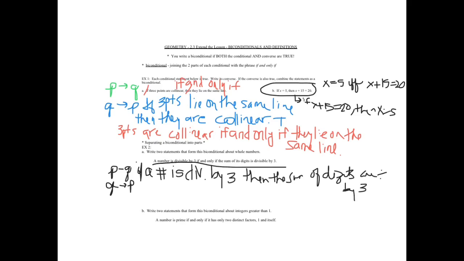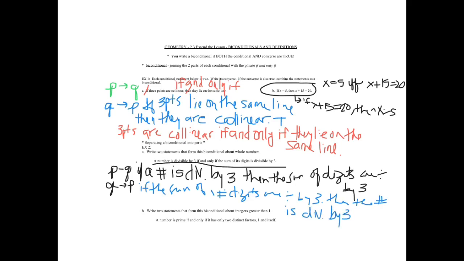The converse of that would be if the sum of a number's digits are divisible by 3, then the number is divisible by 3. Okay?